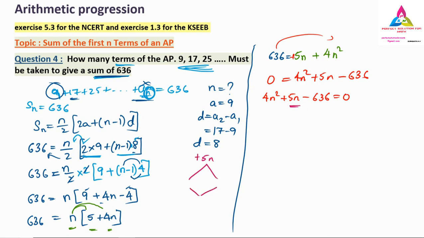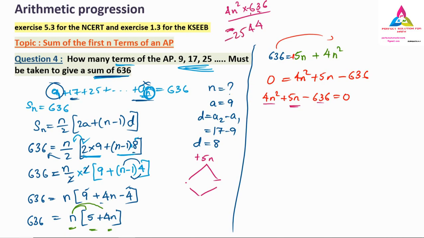When you multiply the two terms, how much must you get? That is 4n square into 636, and that is negative. So how much must we get? 4 sixes are 24, 2 is left, 4 twos are 8 plus 1 is 9, no wait, 4 threes are 12, 14, carry 1, 6 fours are 24, 25.